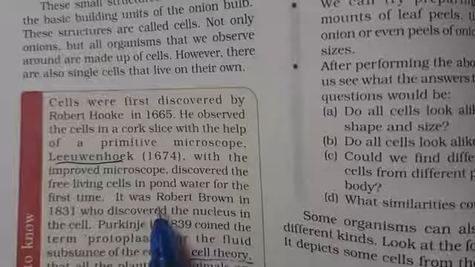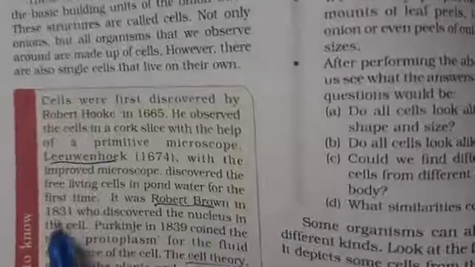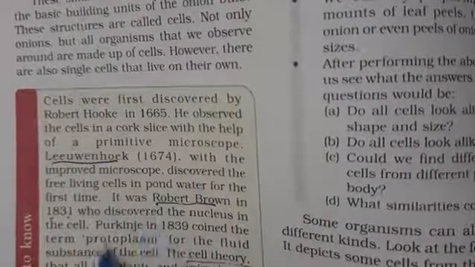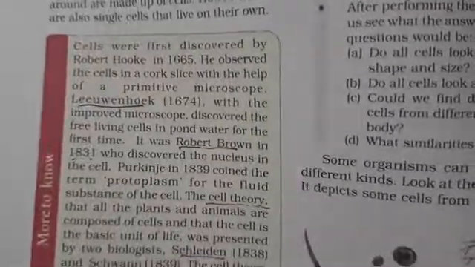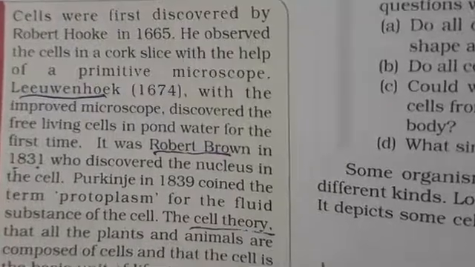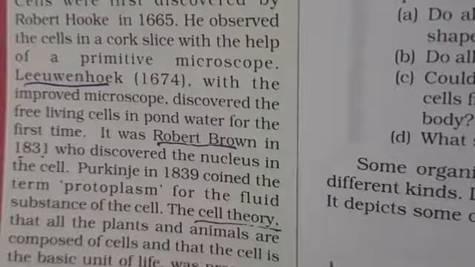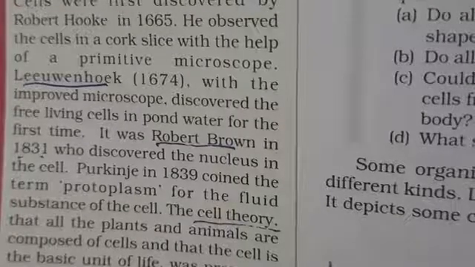Then it was Robert Brown in 1831 who discovered the nucleus inside the cell. You have studied in class 8, children, that cells contain the nucleus. About all these organelles we will study in detail in the coming videos.